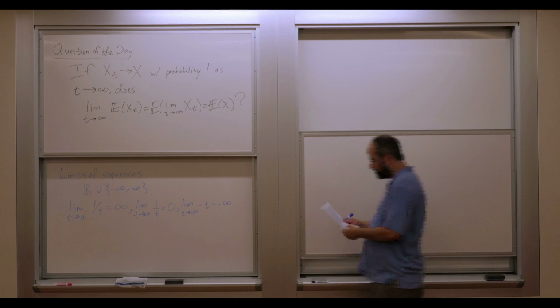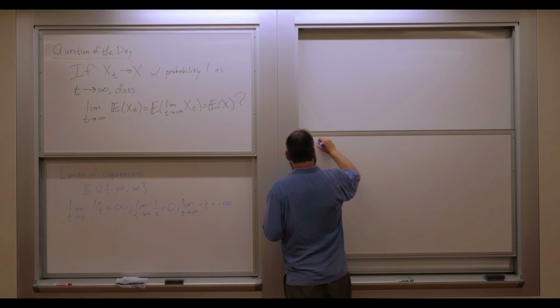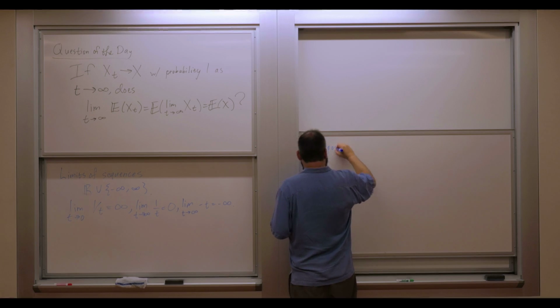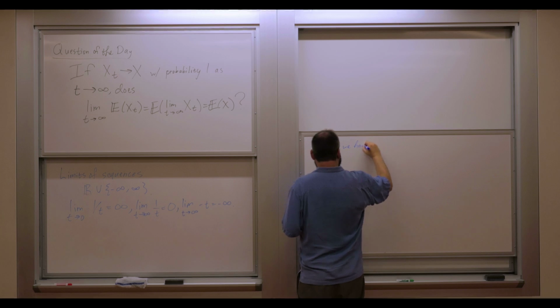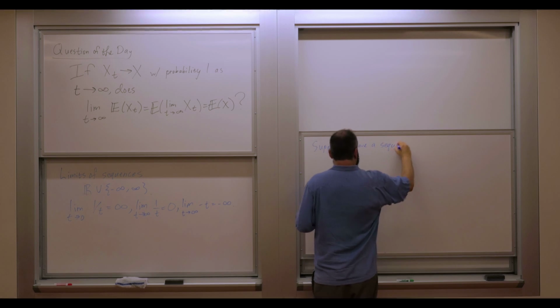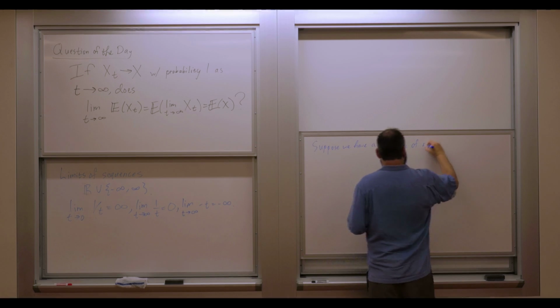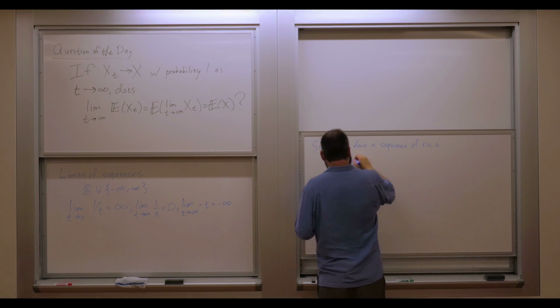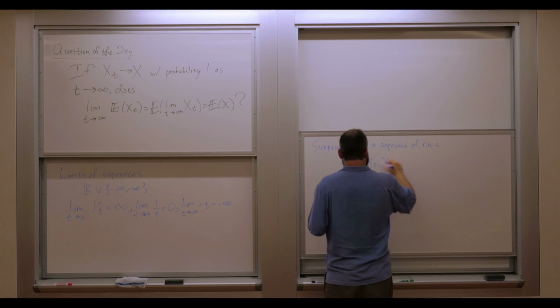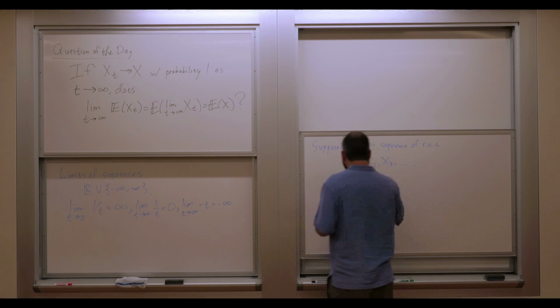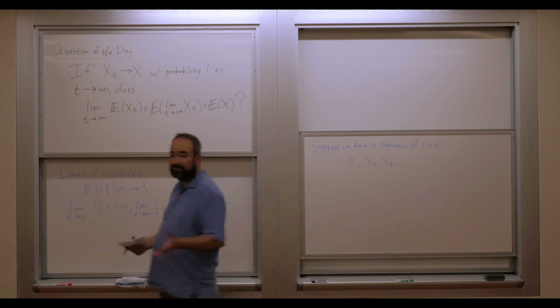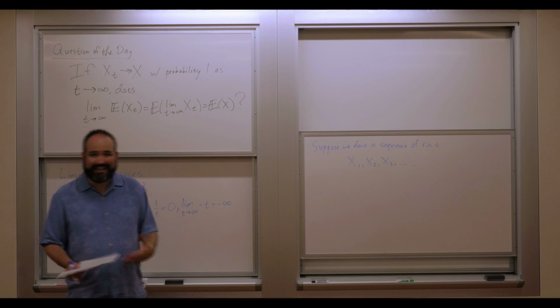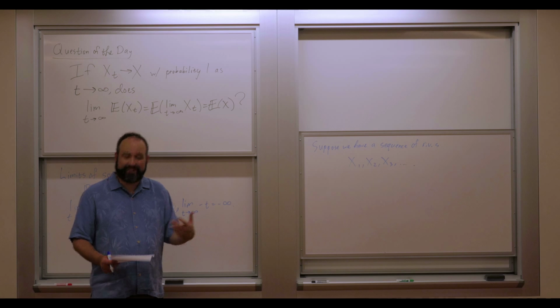Now, suppose we have a sequence of random variables. So x1, x2, x3, and so on. Each one of those is a random variable. They might be independent, they might not, they might come from the same distribution, they might not.